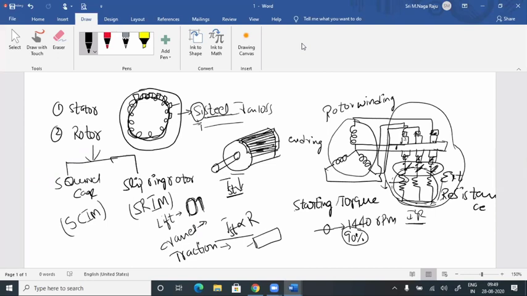The squirrel cage induction motor we will use where good running performance is required. For example, in pressing machines or sheeting machines, the iron sheets are produced continuously. For that, we need to have a constant speed. Imagine two rollers are there.